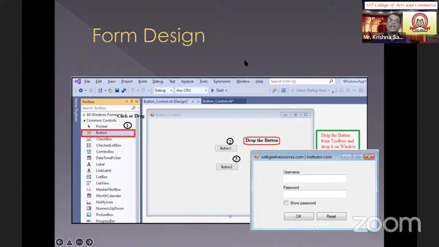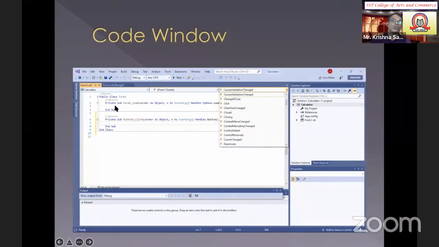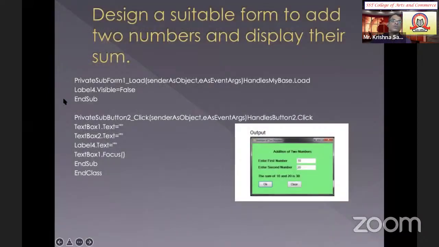After defining that name, you can double click on the control to open this code part, and whatever coding is there, you can write in between this Private Sub and End Sub. So this way, initially I wrote the code for the form. I just double clicked on the form, and then I wrote Visible equal to False. Then I wrote the code for the clear button.